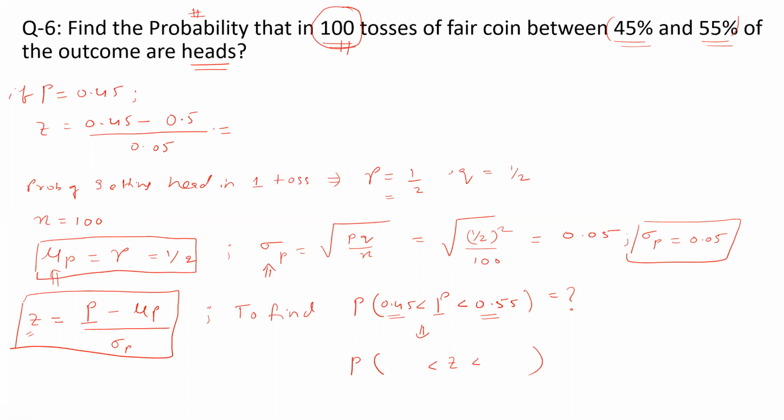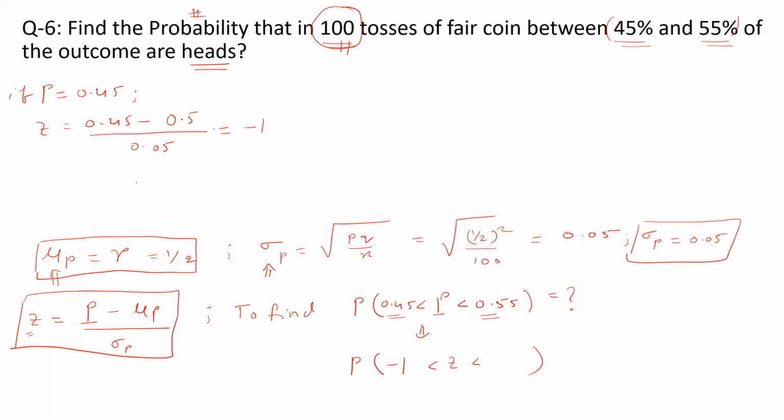I'm getting the value as minus 1. So you can see when P is equal to 0.45, I'm getting Z as minus 1 here.